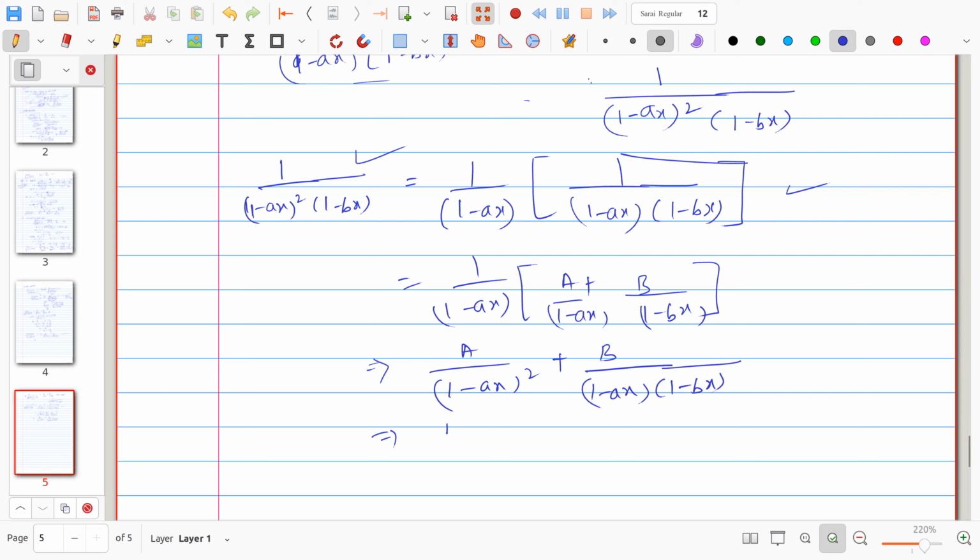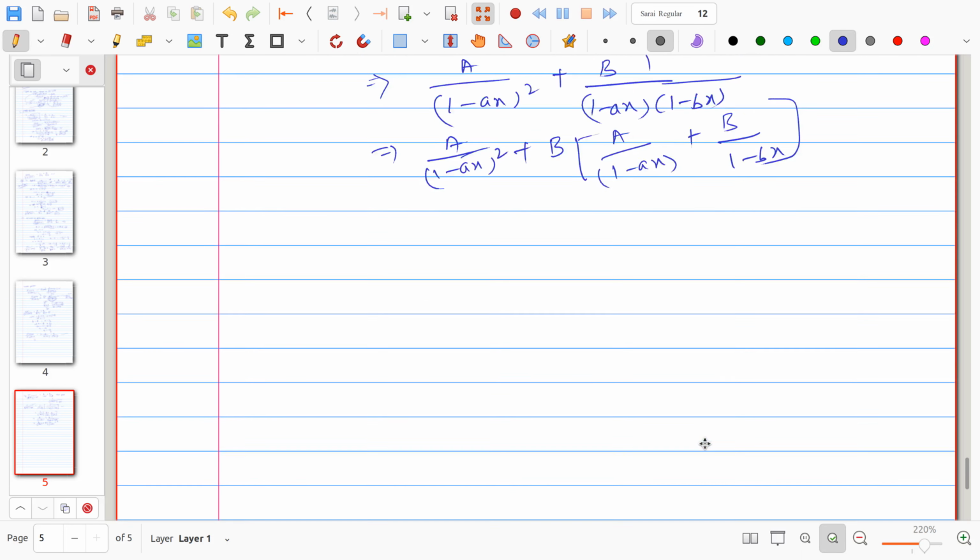Then again a divided by 1 minus ax square will be there, and I will take b common. If we take b outside, then it is 1 divided by 1 minus ax into 1 minus bx, which is given, plus 1 divided by 1 minus bx.